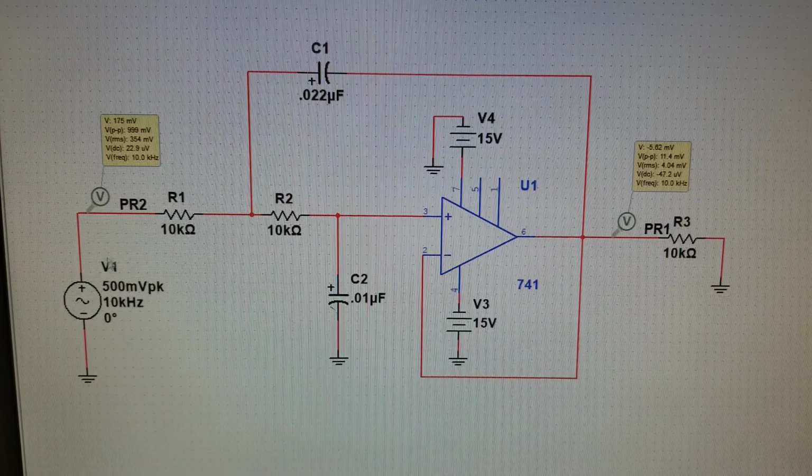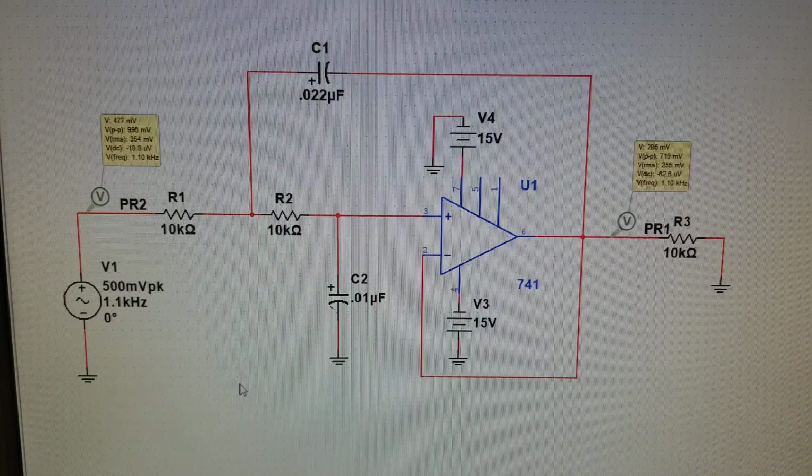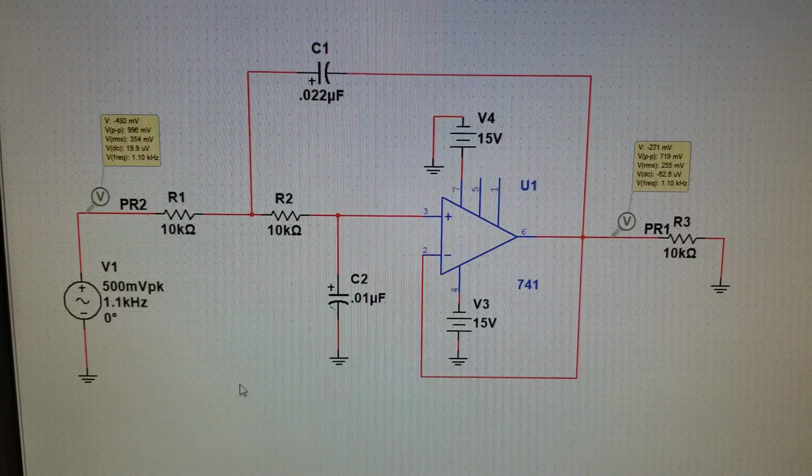So now we have our input frequency at 10 kilohertz. Our input voltage is still 1 volt, and our output voltage has dropped to 11.4 millivolts. So finally, for step 11, you have to record the cutoff frequency. Remember from the previous low-pass filter that it's 0.707 of the maximum voltage out.